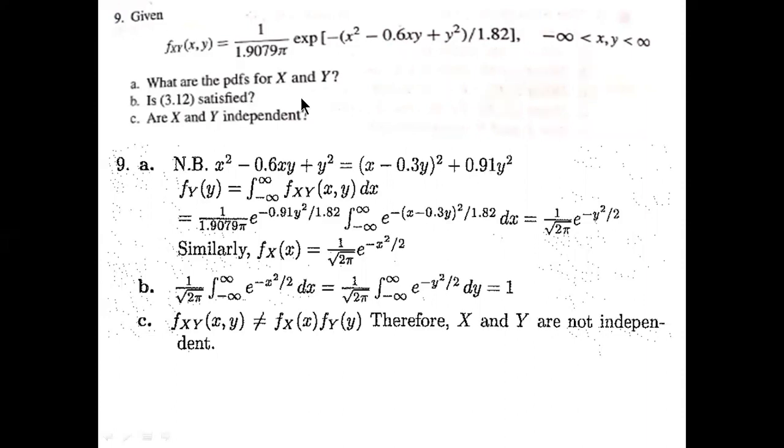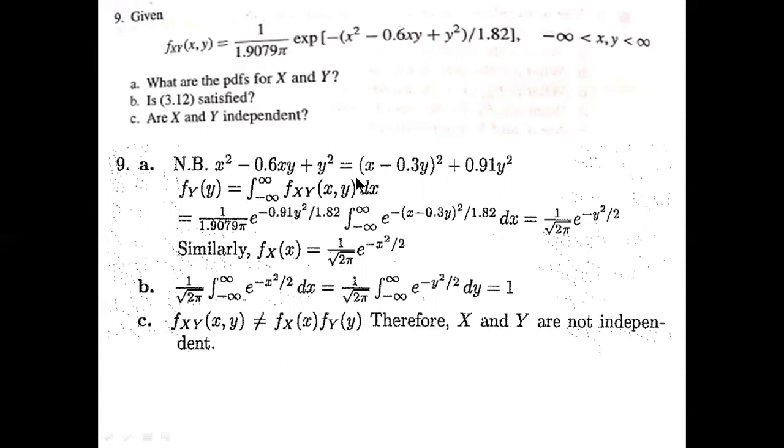Okay, so the fyy will be integral of the f of xy x comma y dx, because we have written y. Similarly, fxx will be integral of f of xy x comma y dy. Okay, so we need to integrate this expression over here.